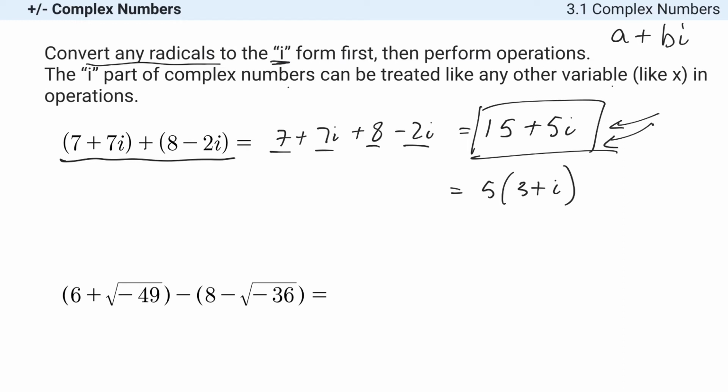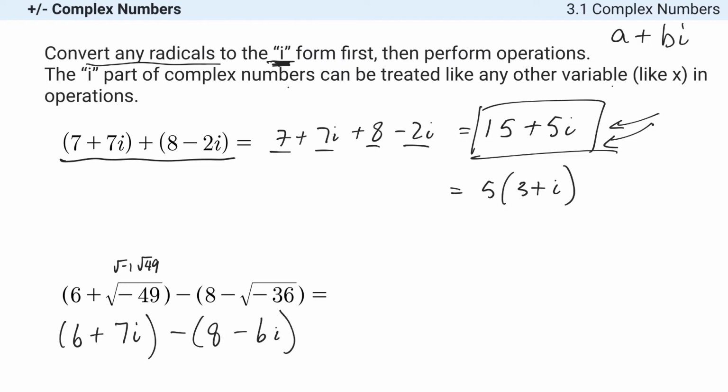Okay, this next example, first I have to get rid of the square root of a negative. So I'm going to change this first one. Square root of -49 is the same as square root of -1 times the square root of 49. So this would be 7i, because the square root of 49 is 7, and the square root of -1 is an i. Okay, minus 8 minus, this one will be 6i.